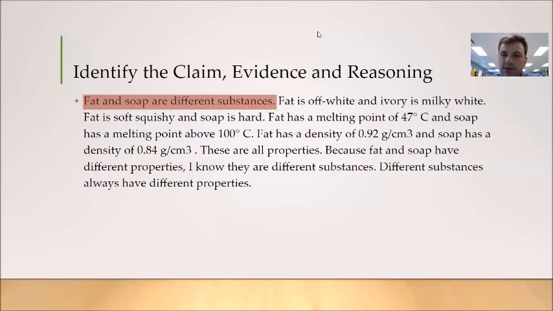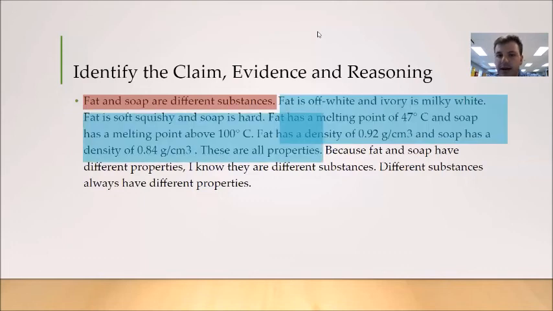Now, let's pose the question for our evidence. How do we know fat and soap are different substances? Well, if you stated that fat is off-white, they're different in color, they're different in texture, they have different melting points, and they have different densities, that is how we know they are different substances.